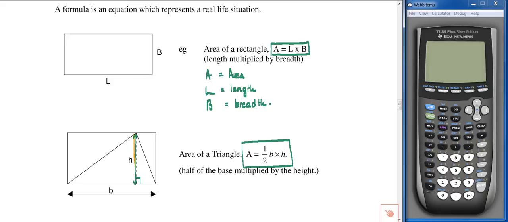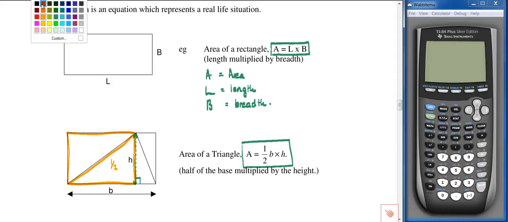Let's take this rectangle here in orange. If we split it in half diagonally, half the area of the rectangle becomes part of the triangle.